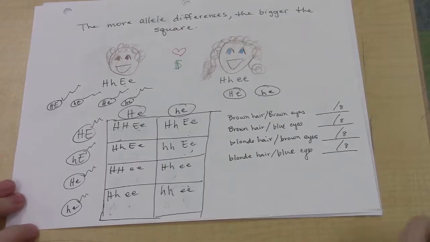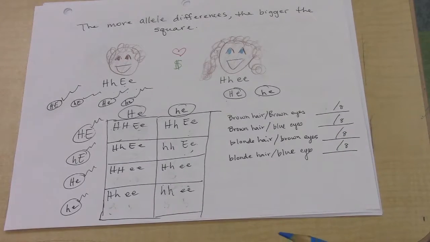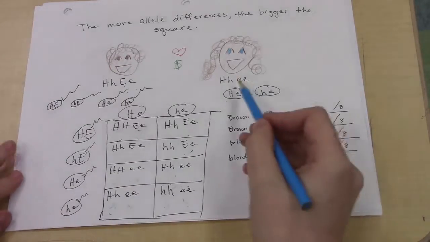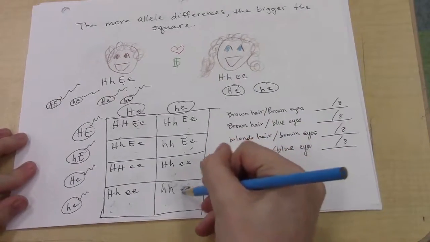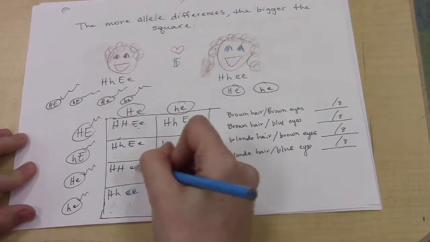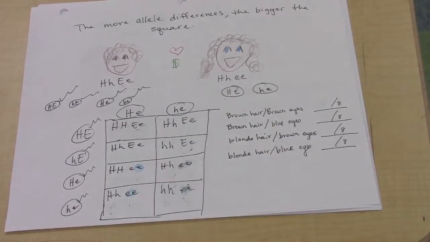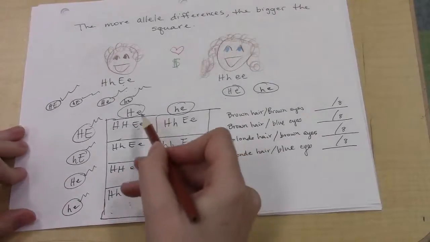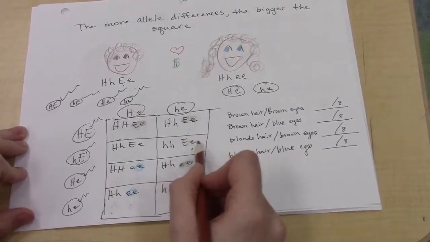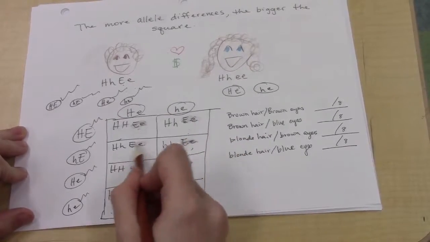And again, in order to determine these quickly and easily, I just get out my color pencils and get to coloring. So if I'm going to have blue eyes, I need to be little e. So blue eyes, blue eyes, blue eyes, blue eyes. And we'll do brown eyes, brown eyes, brown eyes, brown eyes.